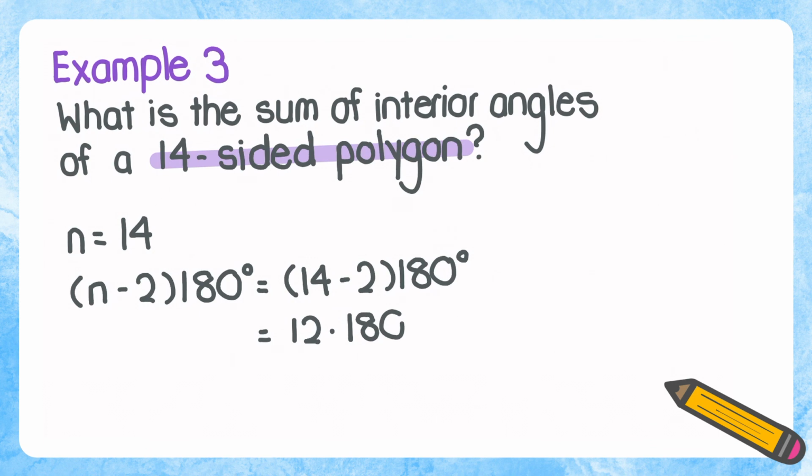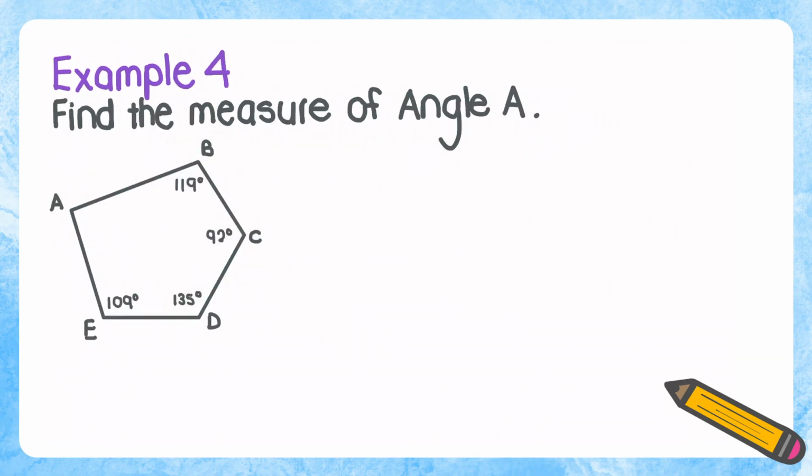That's 12 times 180 degrees, which is 2160 degrees. So the sum of interior angles of a 14-sided polygon is 2160 degrees. Our last example is a little different.